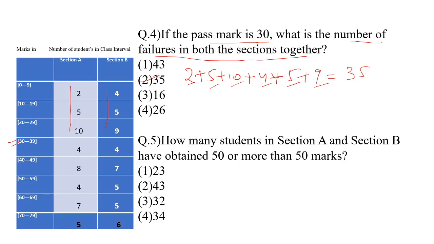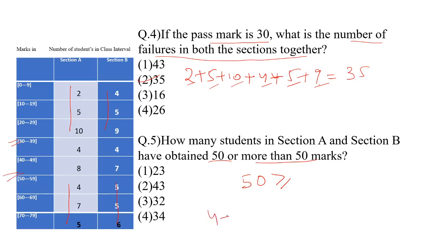Next question. How many students in sections A and B have obtained 50 or more marks? It's saying greater than or equal to 50 marks, of A and B both. So A as well as B. We will add all these.